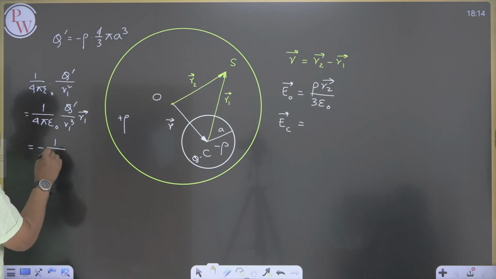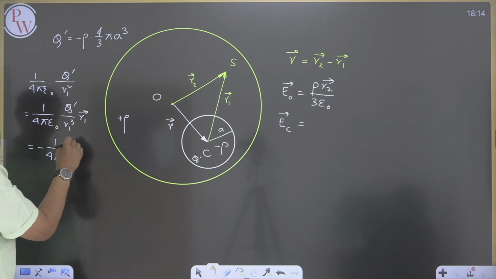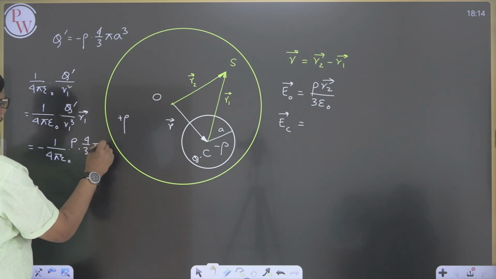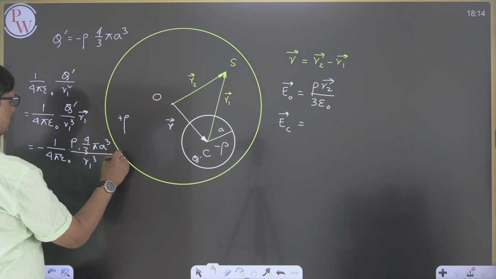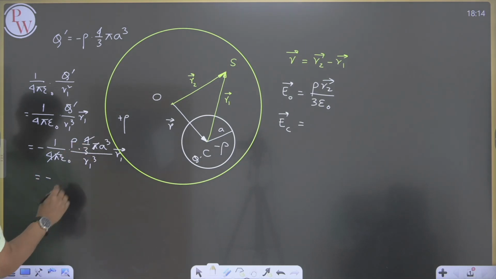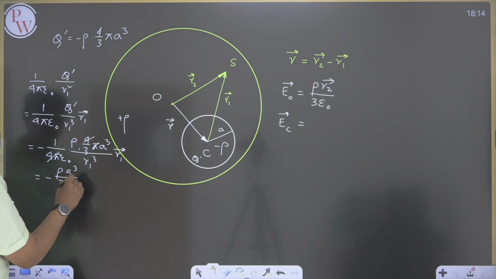So 1 upon 4 pi epsilon naught, q prime is minus already we have written, rho into 4/3 pi a cubed divided by r1 cubed into r1 vector. Then 4 pi cancelled out, we are getting minus rho, then this is a cubed divided by 3 r1 cubed into r1 vector.